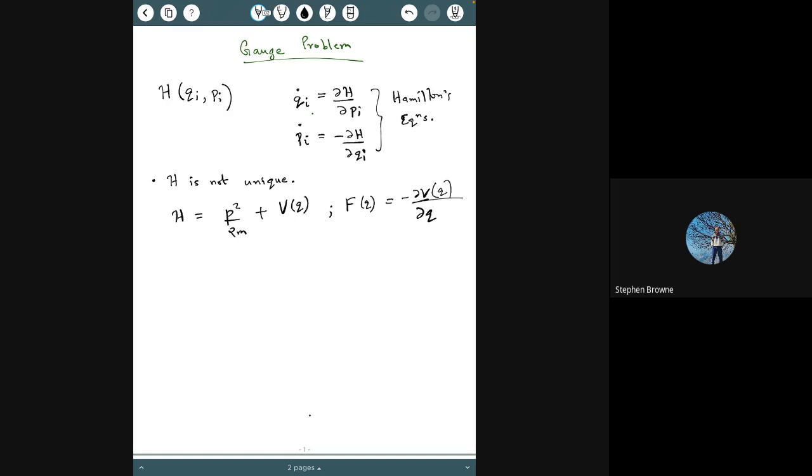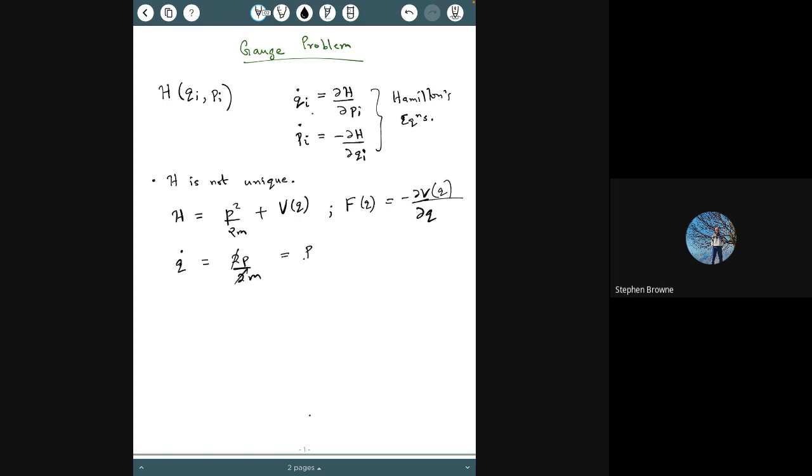Now we can verify its equivalence to Newton's equations, which we also did last time. So how do we do it? We use Hamilton's equations, and then q dot is del H del p, so 2p by 2m, and V is not a function of p.